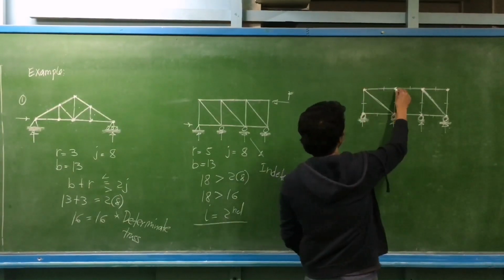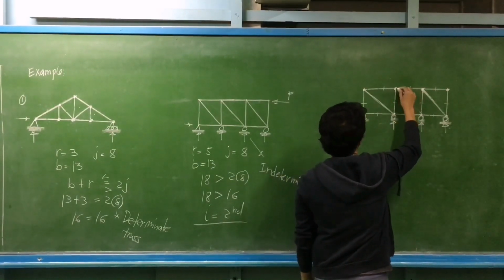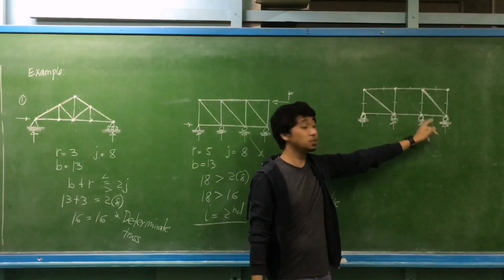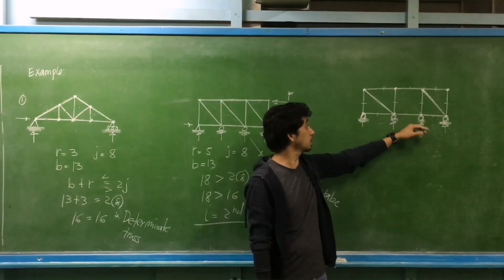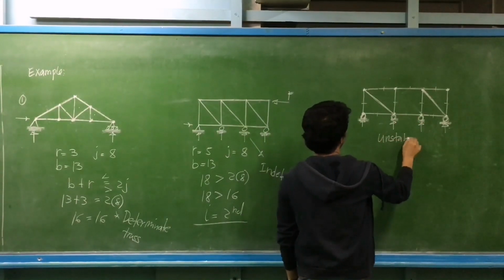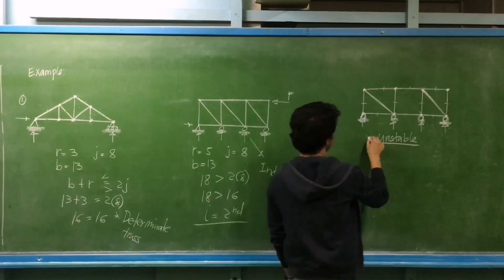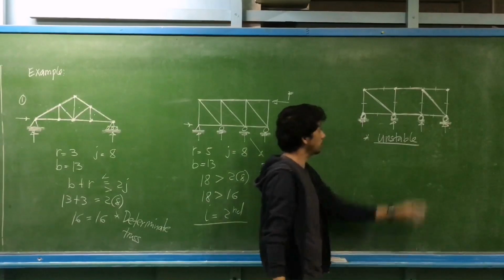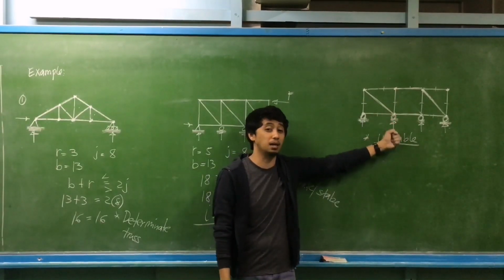So for example, in this case, we have a missing member here. Kung tatanggalin niyo yung isang slanting member dito, that makes this truss unstable. Okay, it is unstable for a reason you will be having two parallel members. Okay, they are directly parallel.